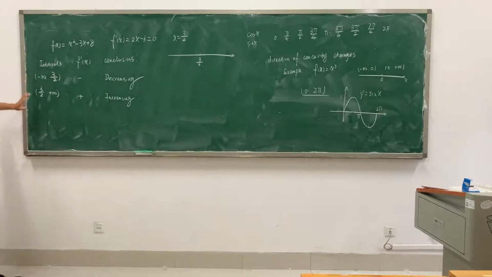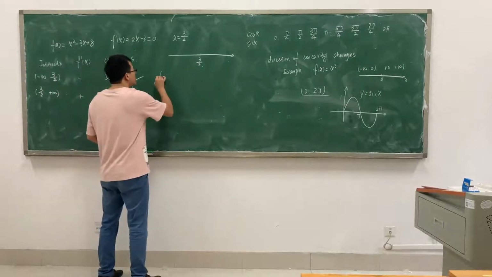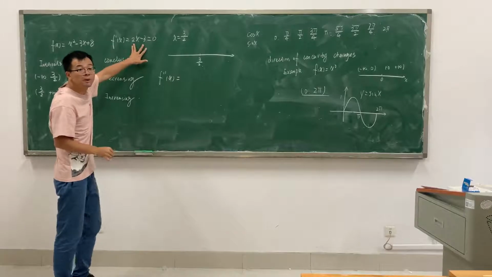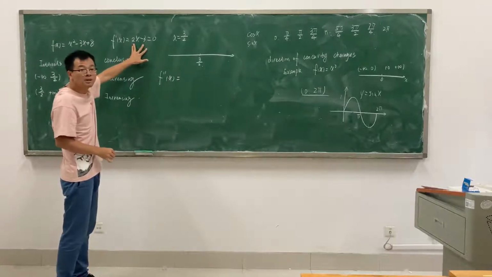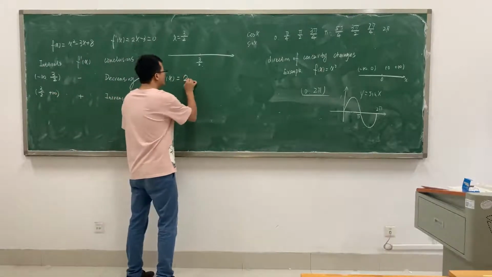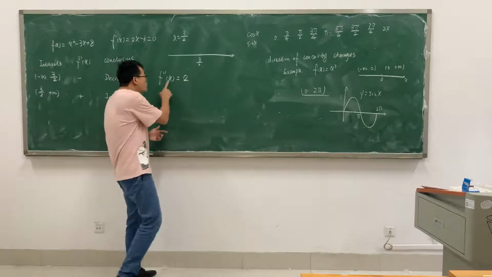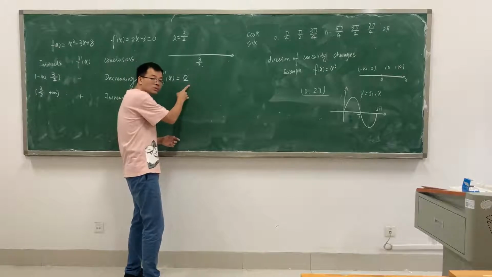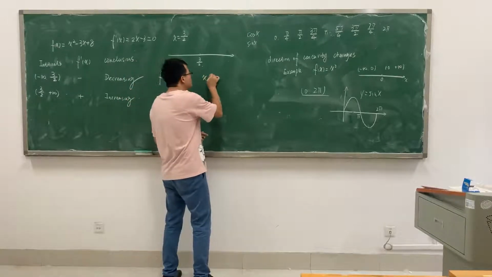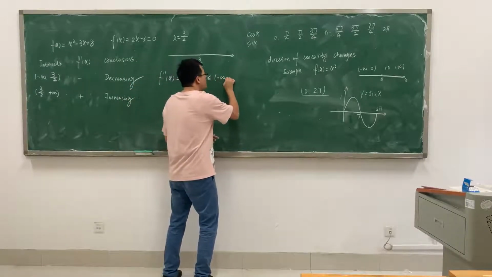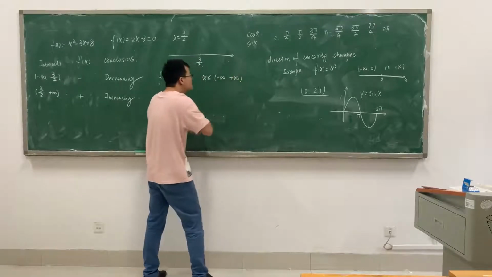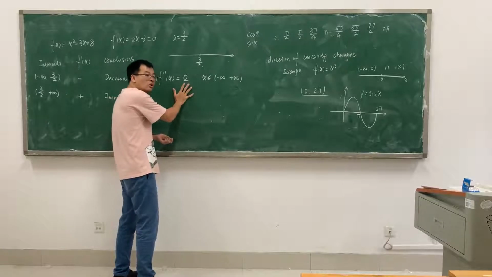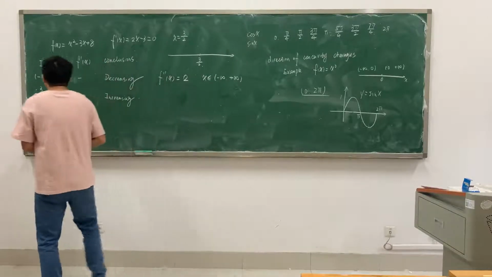The second order derivative is what? The f double prime is the derivative of f prime, yeah? So this equals what? Equal to 2, yeah? So here means for any x, f double prime equal to 2. So x belongs to minus infinity to plus infinity. In this interval, f double prime equal to 2.